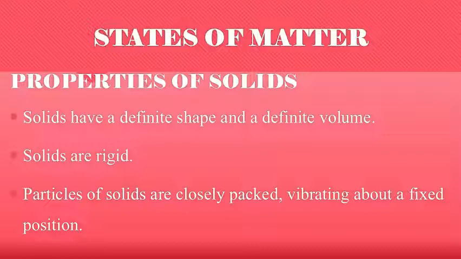If you look into the first property, your book, your pencil box, your pencil, pens, the chairs and the tables which you use in your classrooms, they all have a definite shape and a definite volume. It's not that on Monday the shape of the table is something and on Tuesday the shape changes. Your friend can't pull the table and change its volume. These things don't happen. So these are solids, they have a definite shape and a definite volume.